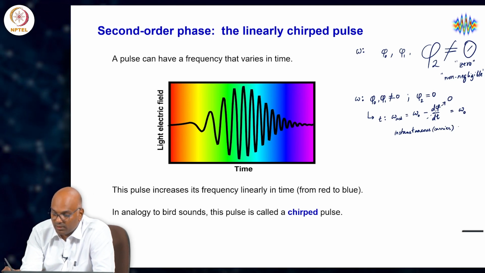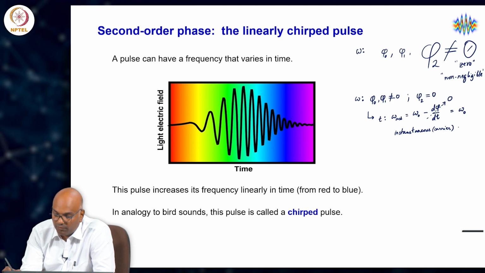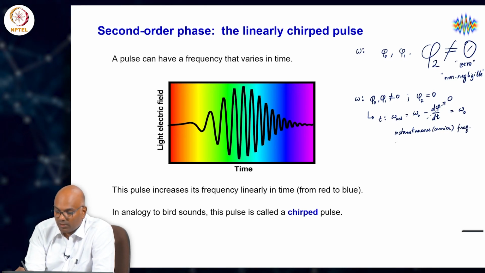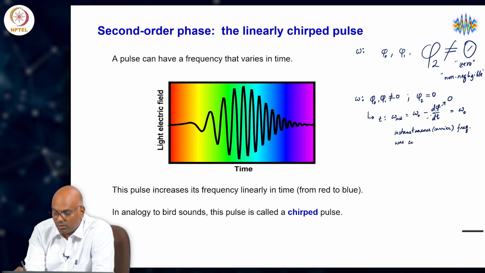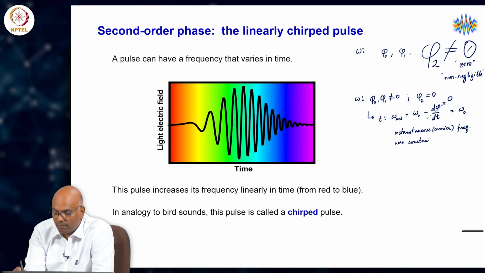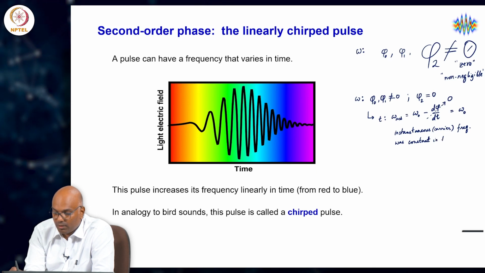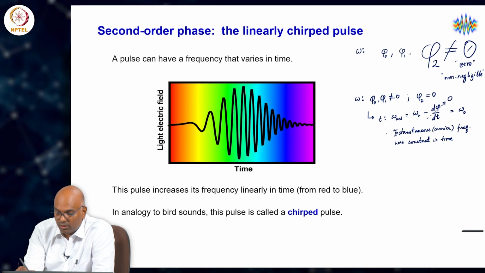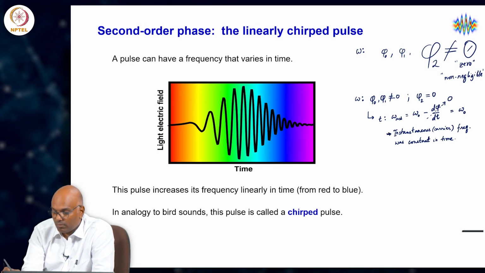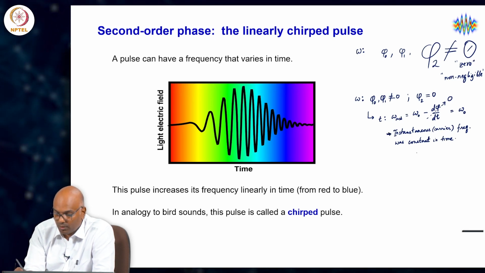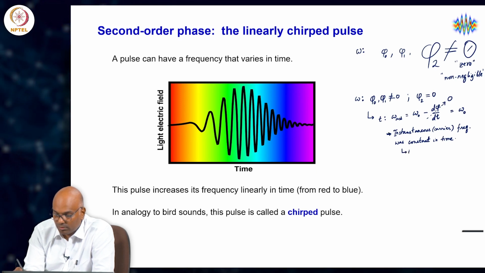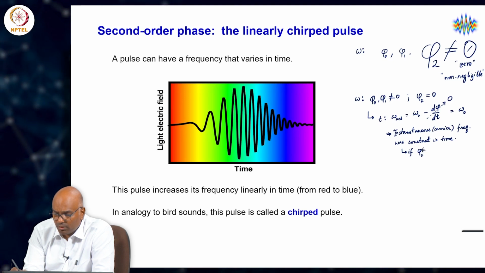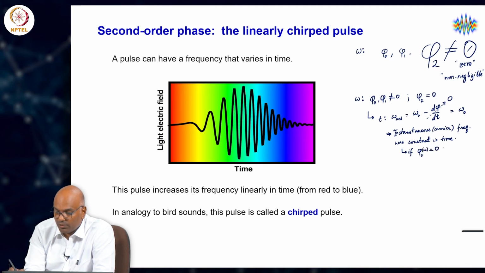In this case, the instantaneous angular frequency we called it, but shorten it to instantaneous frequency, was constant in time if phi 2 of omega was 0.